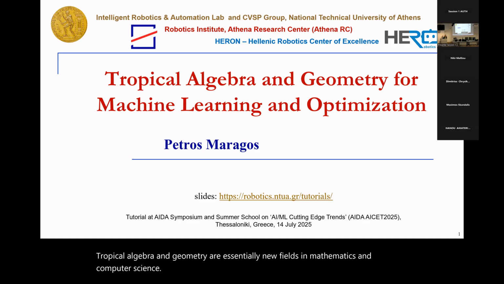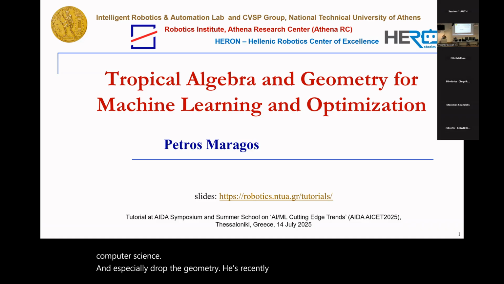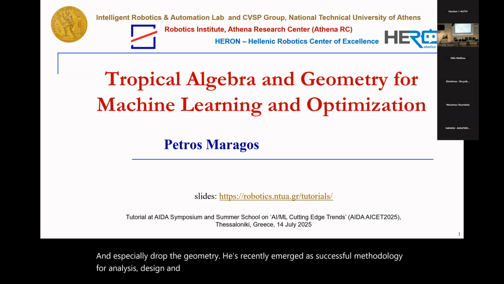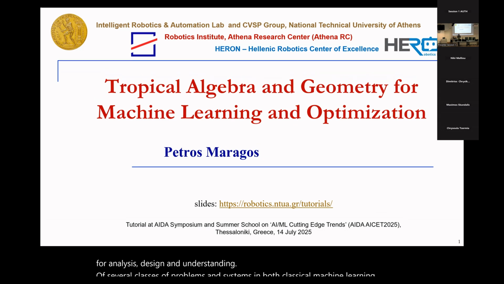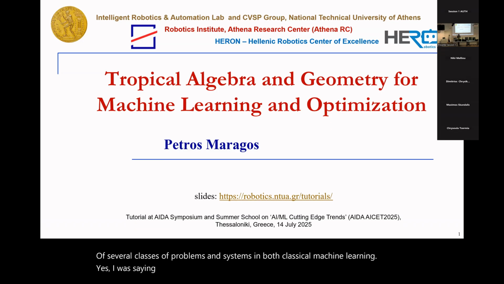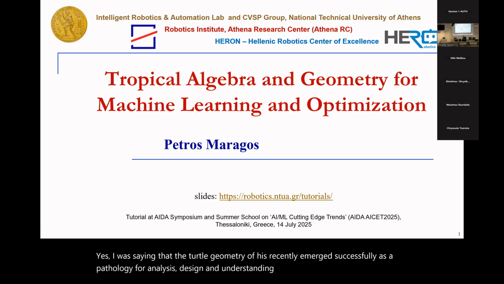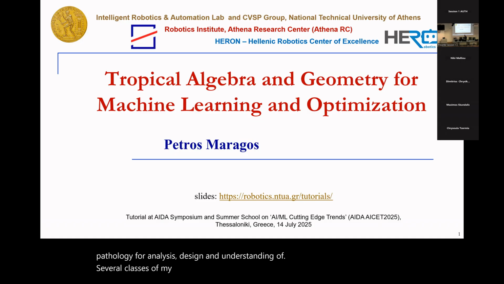Especially tropical geometry has recently emerged as a successful methodology for analysis, design, and understanding of several classes of problems and systems in both classical machine learning systems, as well as deep learning systems like deep neural networks.